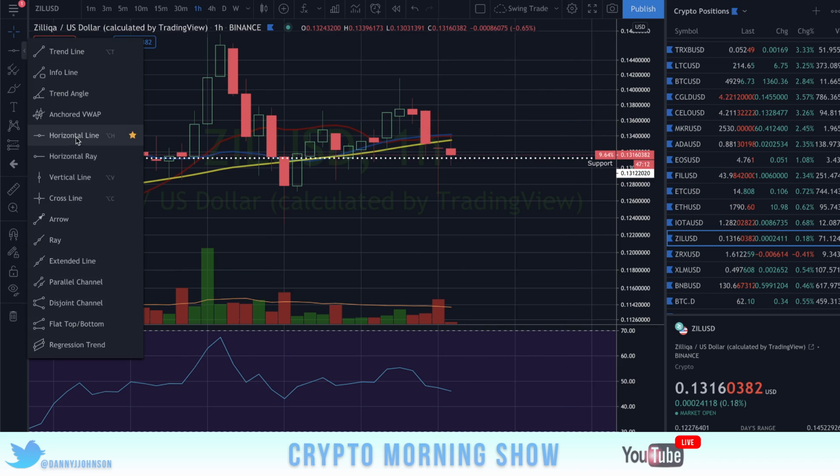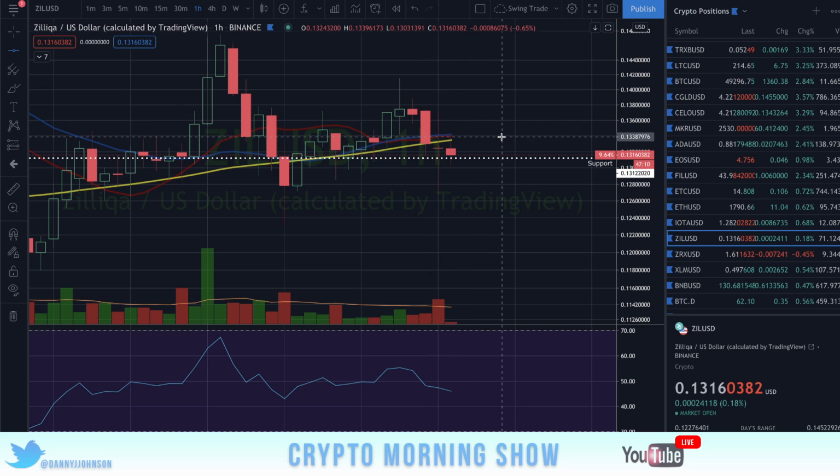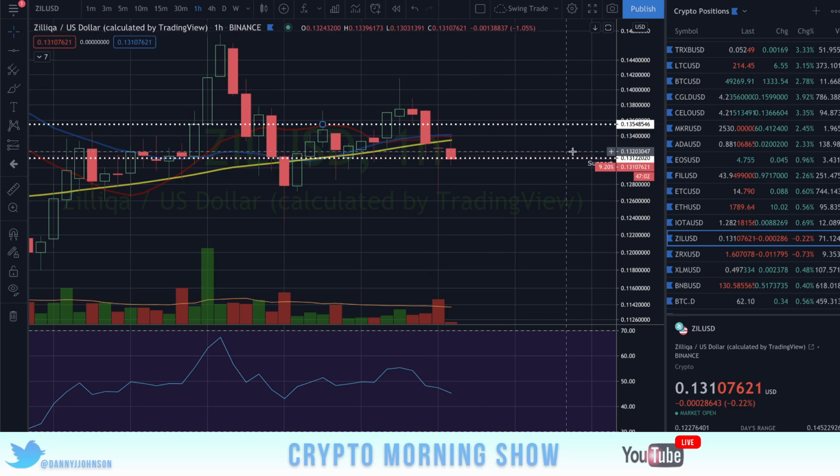Resistance is going to be, this one's getting pretty tight, so let's look for right there maybe. Okay, 0.135. So tightening range, and then just look for these moving averages to start to separate, and keep an eye on the volume.